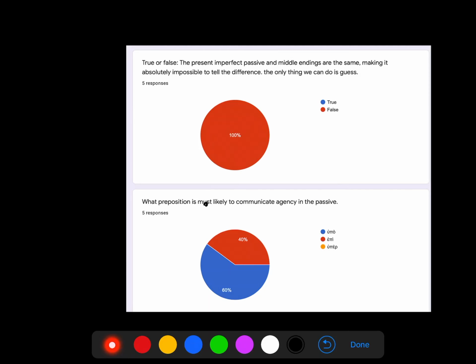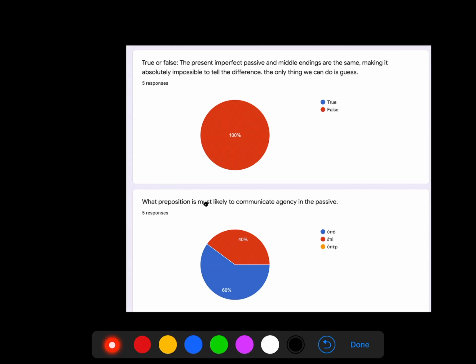Because with a passive voice, the action is being performed on the subject, right? I am being studied, or something like that. That is a passive sentence, and I would need to say something like, I am being studied by the doctor, or something like that. And that by the doctor is the one who's actually performing the action.